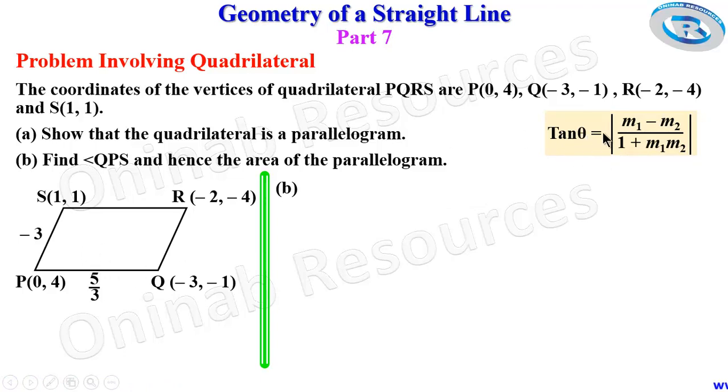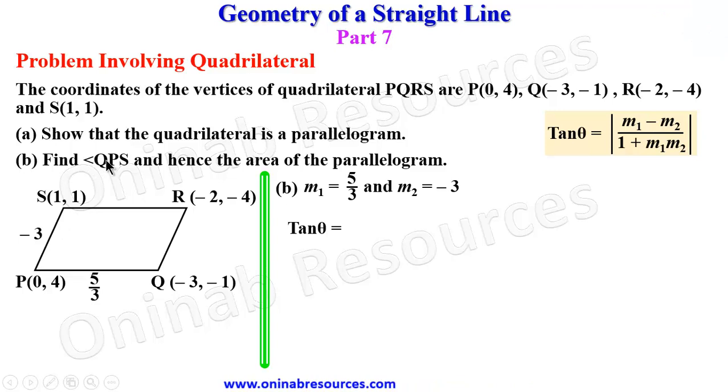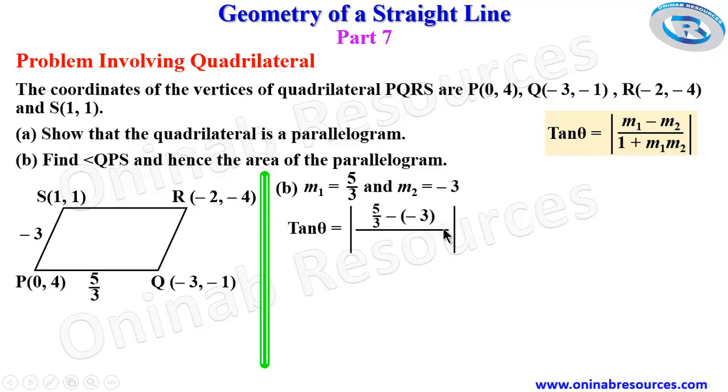So we have tan theta equals the absolute value of m1 minus m2 over 1 plus m1 m2. So we have m1 to be 5 over 3 and m2 to be negative 3. So tan theta, which is the angle QPS, is equal to the absolute value of 5 over 3 minus negative 3, over 1 plus negative 3 times 5 over 3.